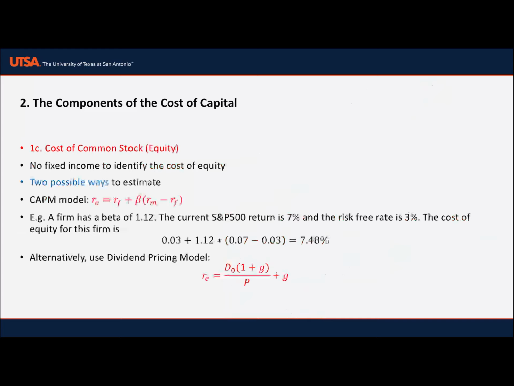So since equity is riskier than debt to the investors, one means to estimate the cost of equity is to start with the interest rate paid to the holders of debt and add the risk premium. In this specification, we can write cost of equity equals interest plus risk premium.